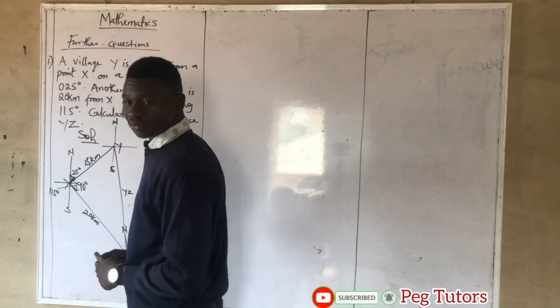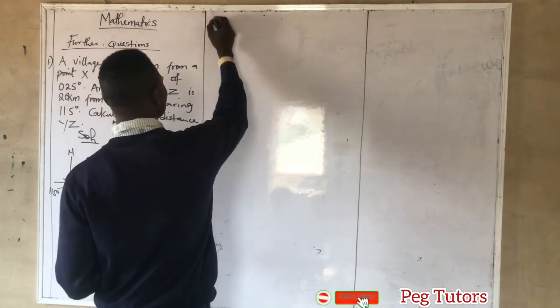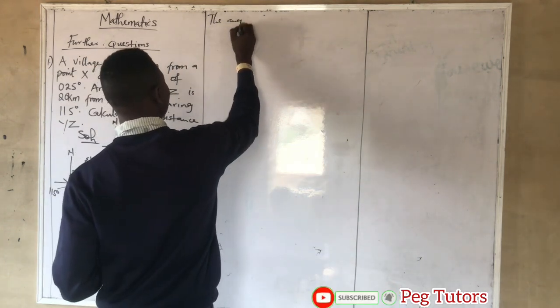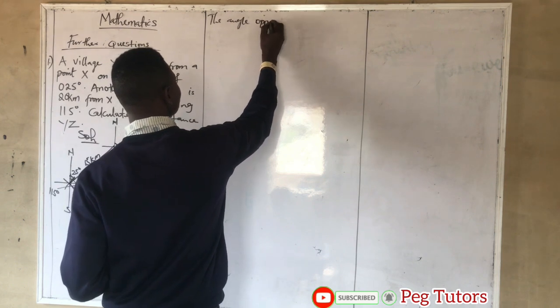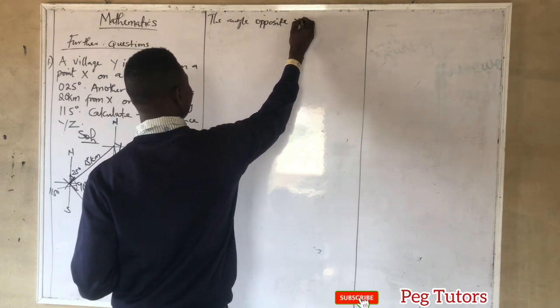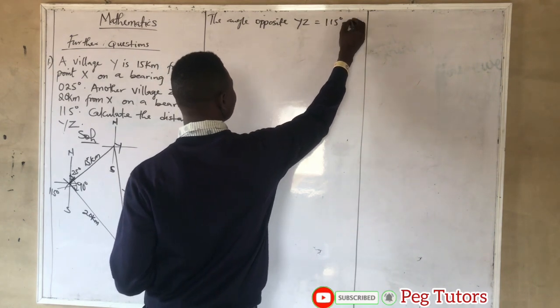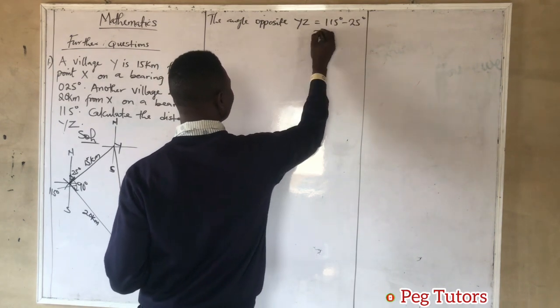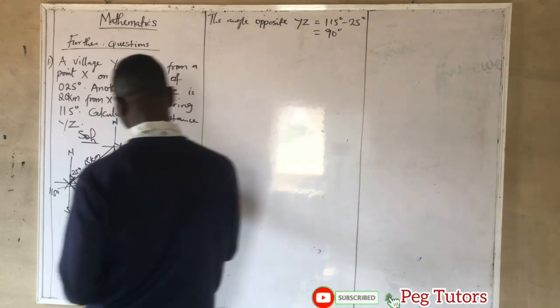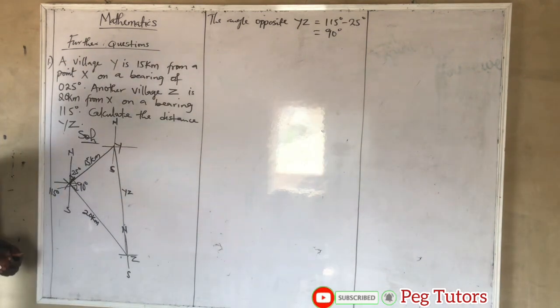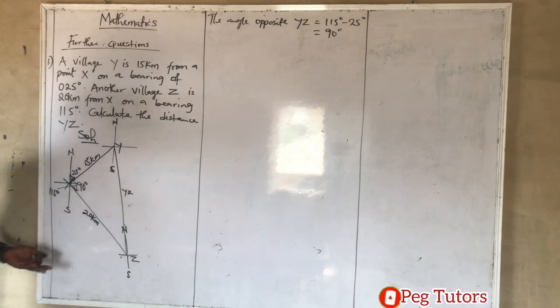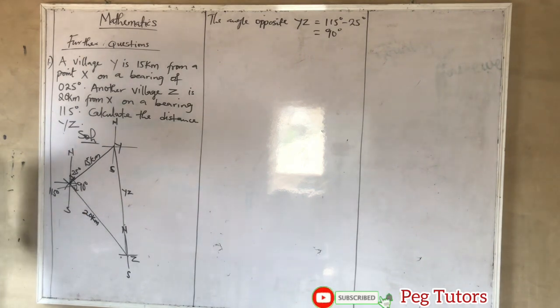Are we together? Okay. So the angle opposite YZ is equal to 115 degrees minus 25 degrees, which gives us 90 degrees. So having gotten this angle, it will be very easy now for us to work.